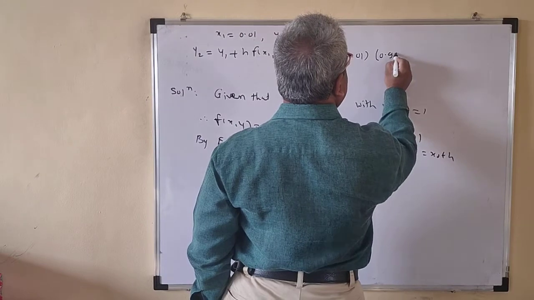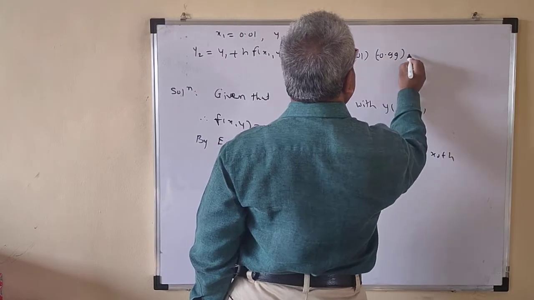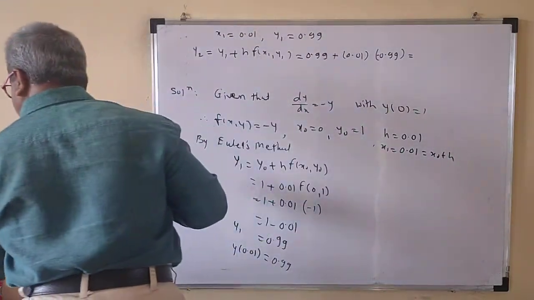Y1 is 0.99, so it is 0.99 minus 0.99 times 0.01.